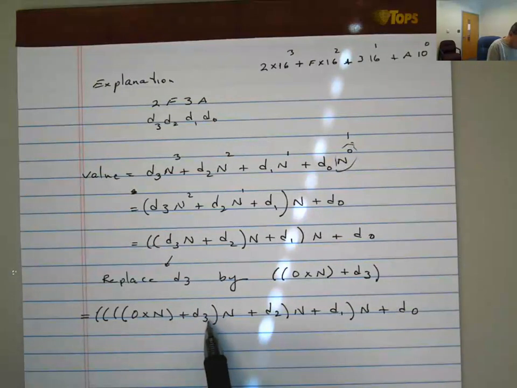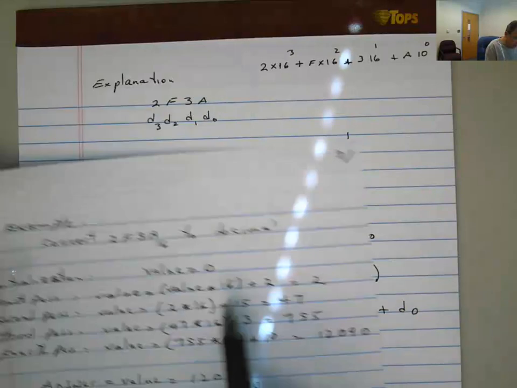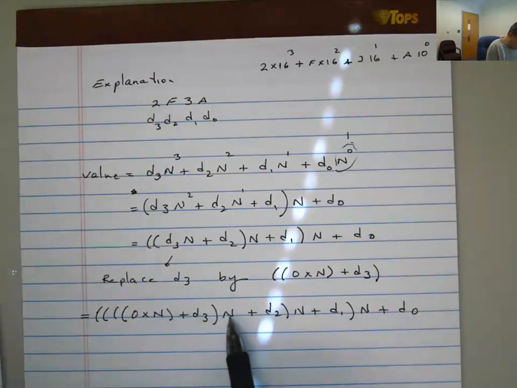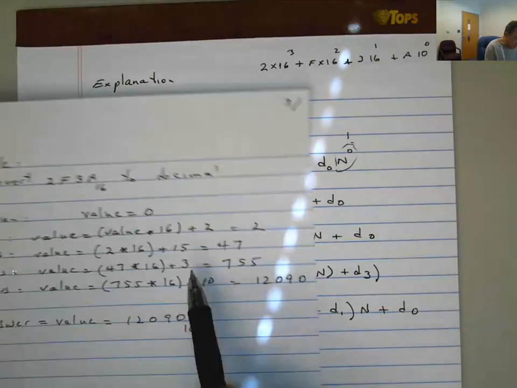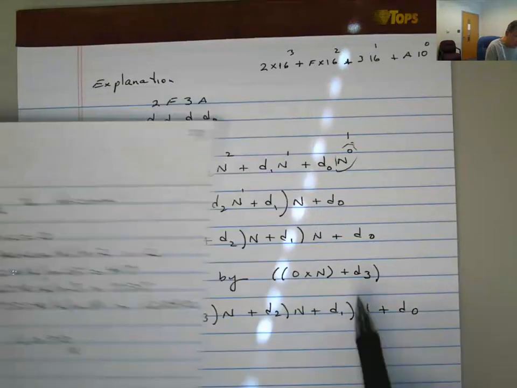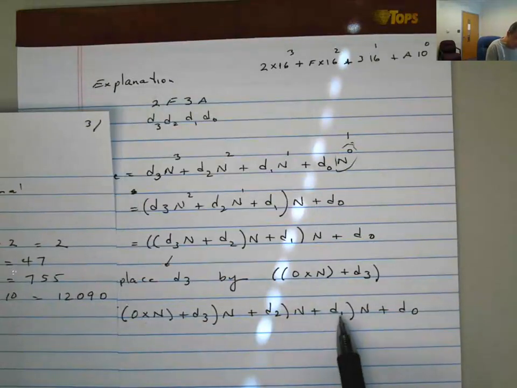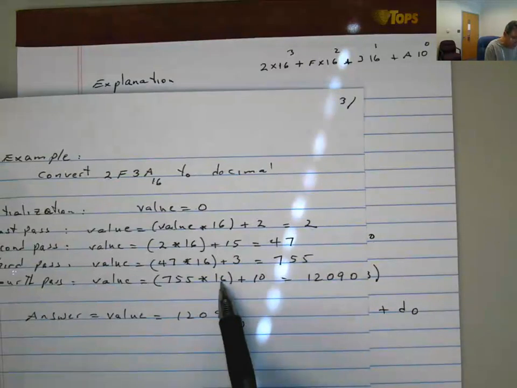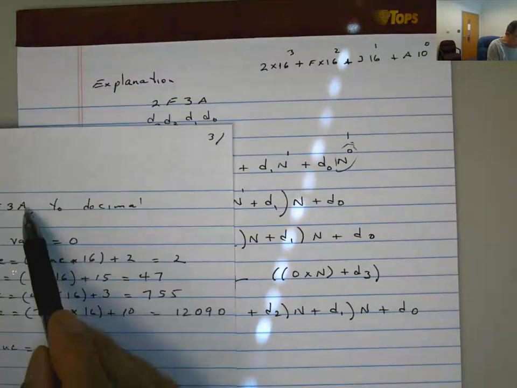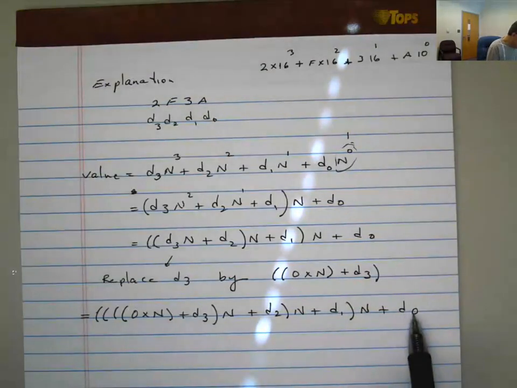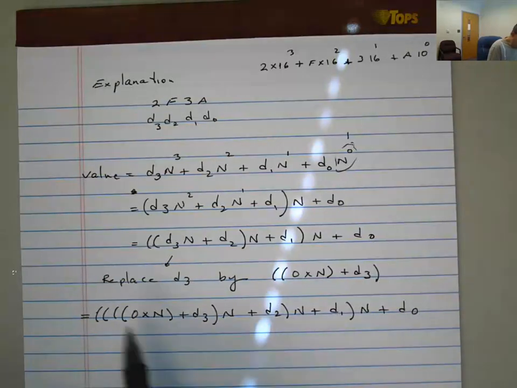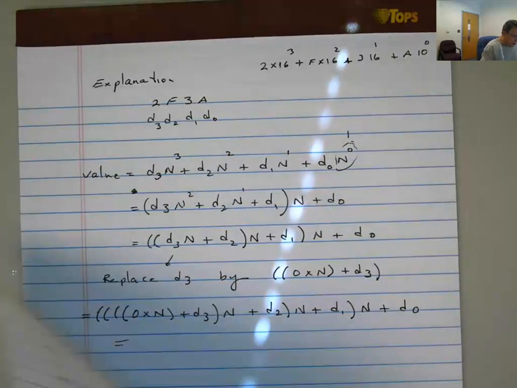And the next time, we took the whole thing as a value, multiplied it by the base, plus D2, which was 15. And then multiplied it by n again, at the next digit, D1. Multiply by n again, and add the last digit, which was A here, right, D0.